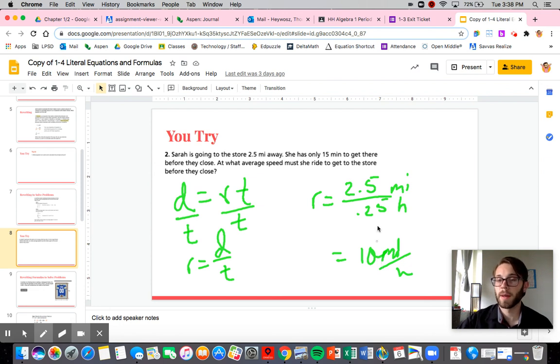That's the rate she must go at. You can check that using a calculator. You could move the decimal places and notice that if we multiplied the numerator and denominator by 100, we'd get 250 over 25, which would simplify down to 10. You could convert to fractions, whatever way you would like to solve that.